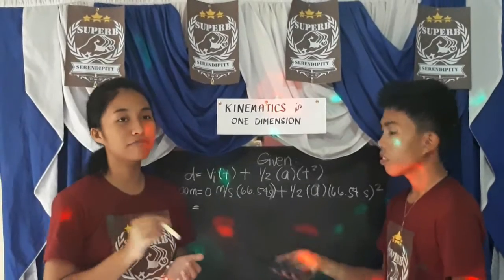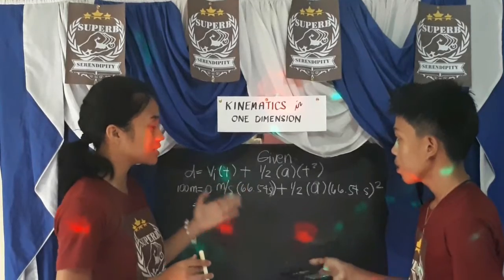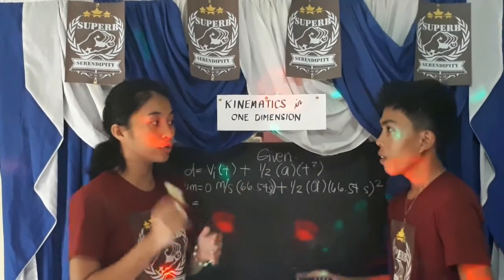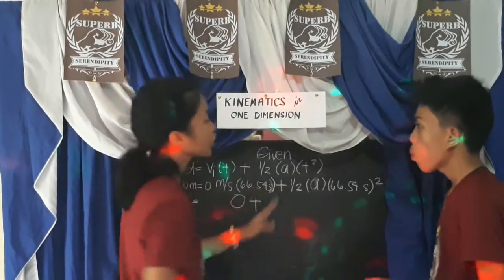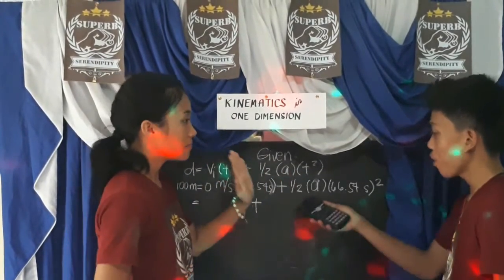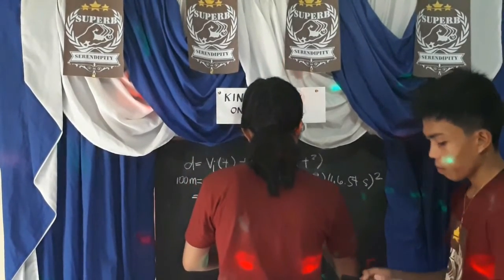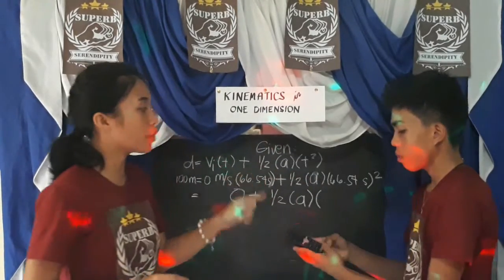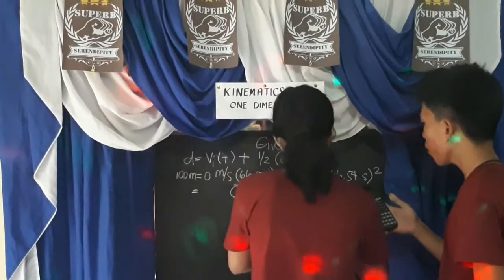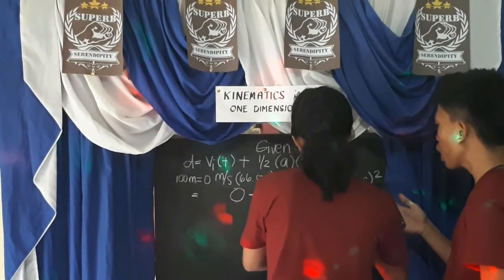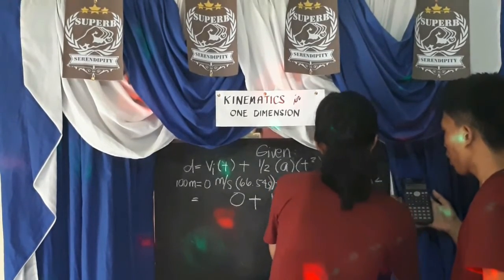So, let us simplify. 0 meters per second multiplied by 66.54 seconds would result in 0, added by 1 half of A, and 66.54 seconds squared, which would be 4,427.57 seconds squared.